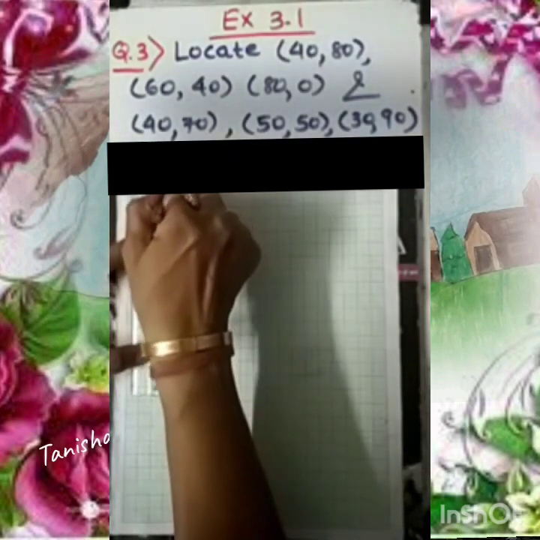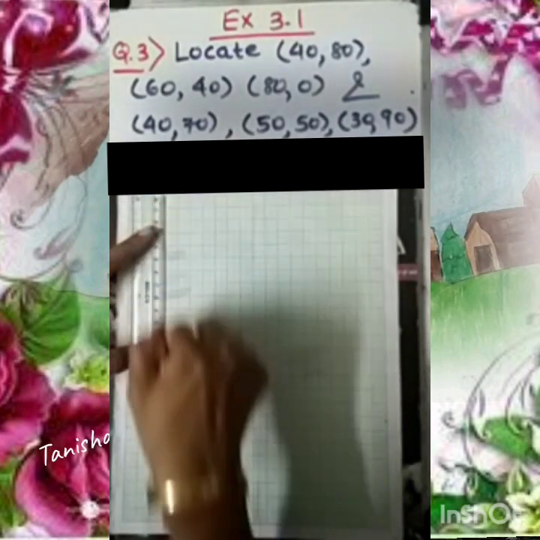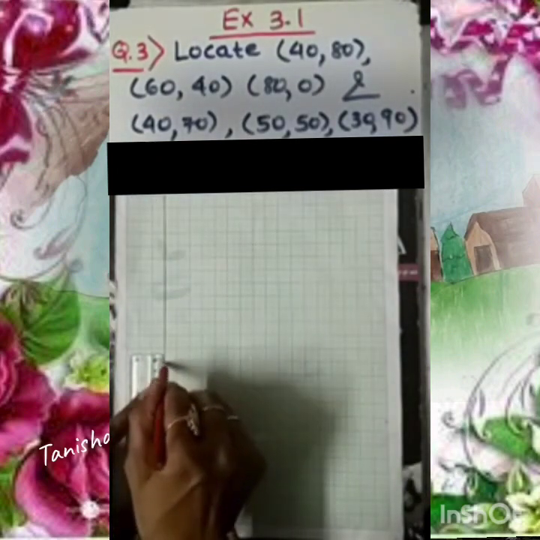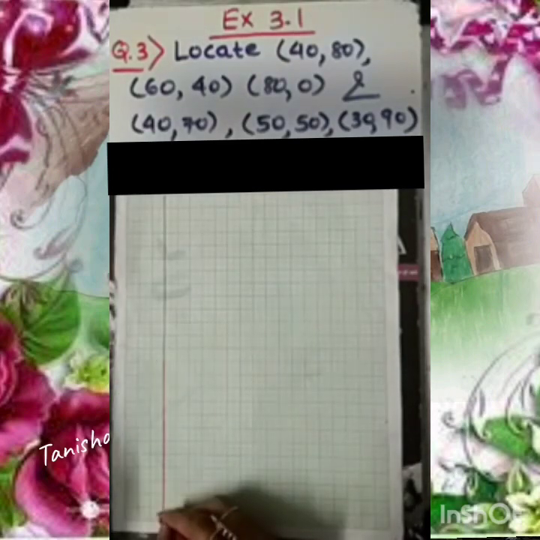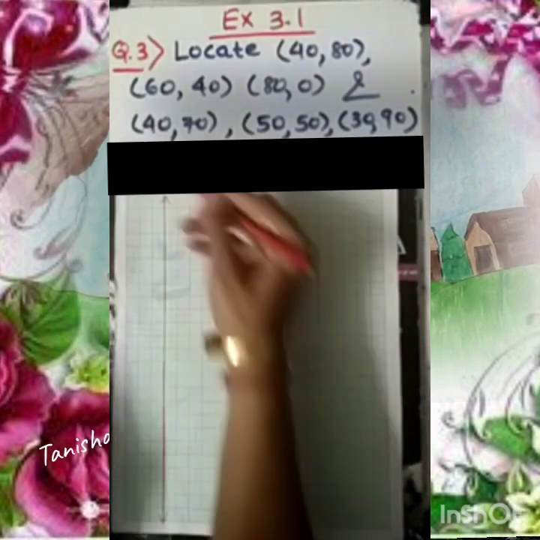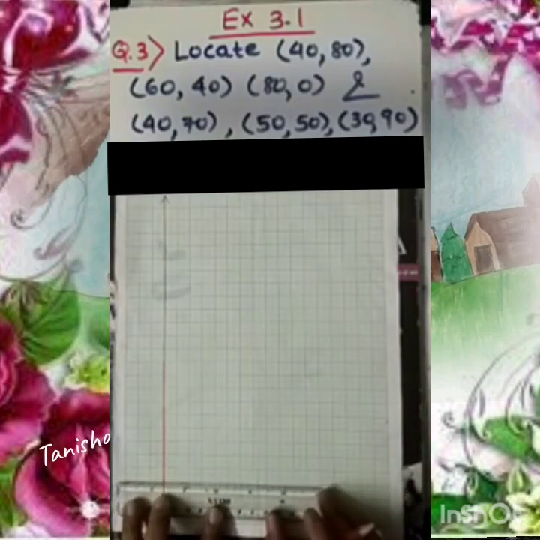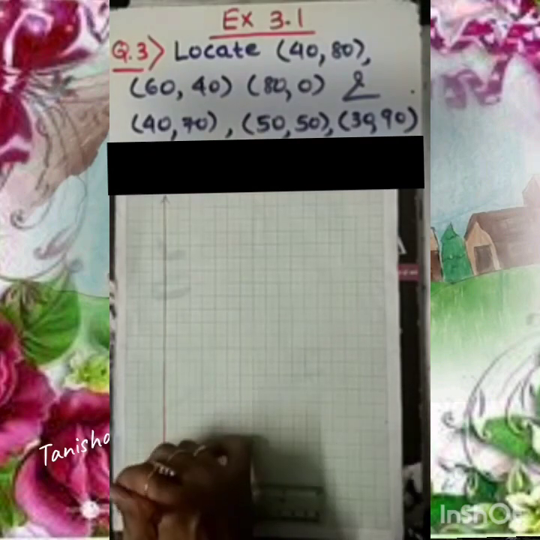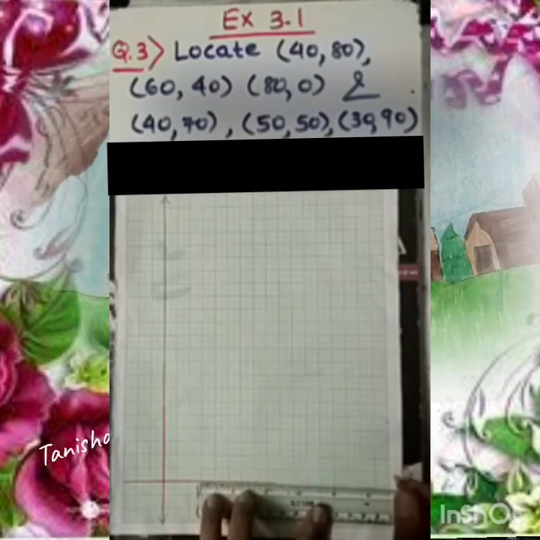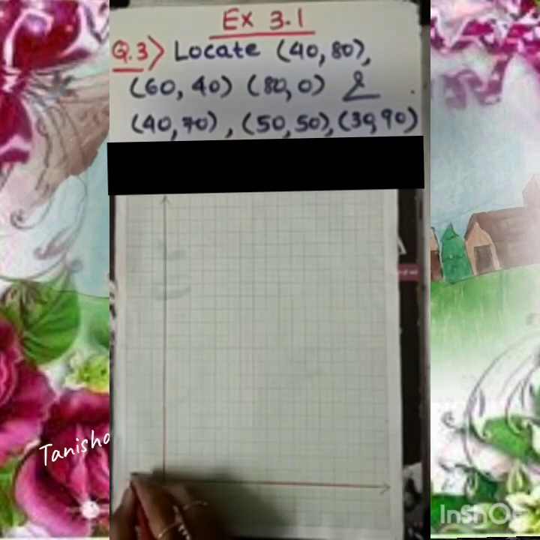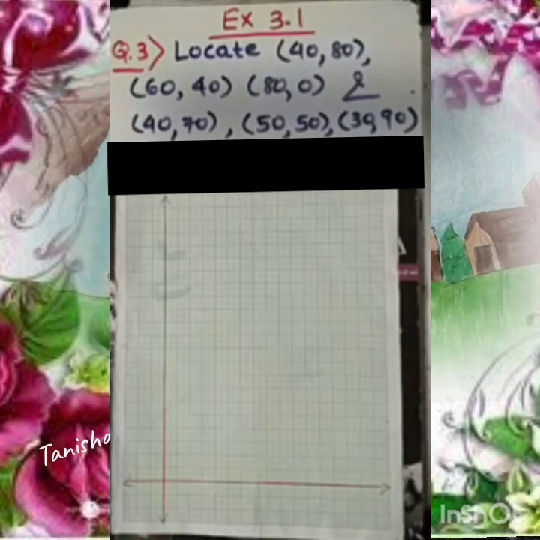Let me draw one line that is the y-axis, and a little bit of line from the downside we are leaving, and let me draw one horizontal line. Let me call this the x-axis.